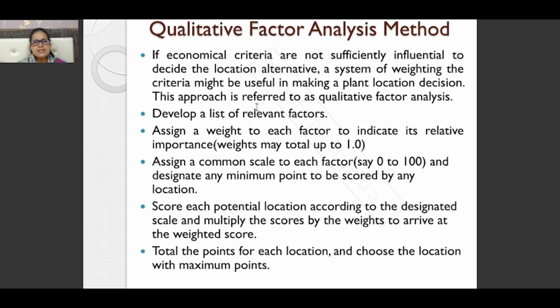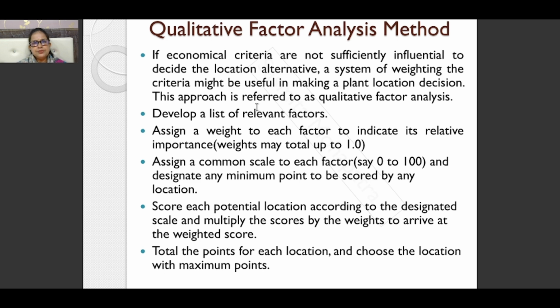So we have to assign a common scale to each factor, maybe within 0 to 100, and designate a minimum point to be scored by any location. Each location will be assigned a score on the designated scale.